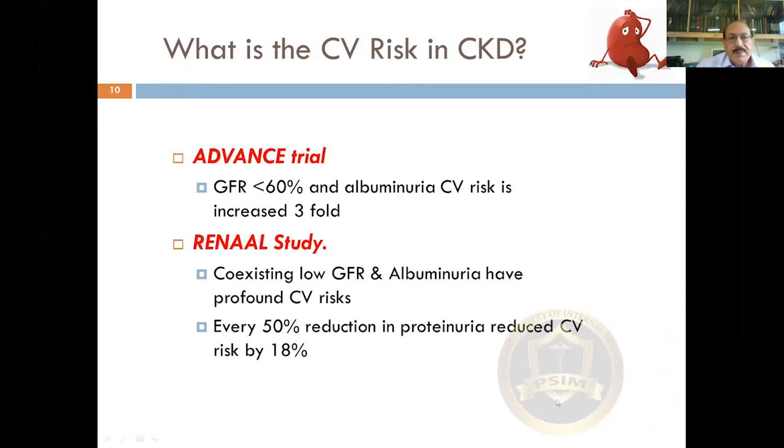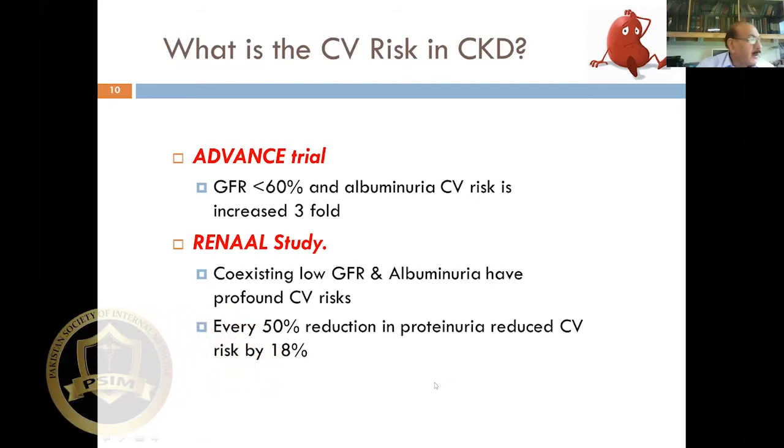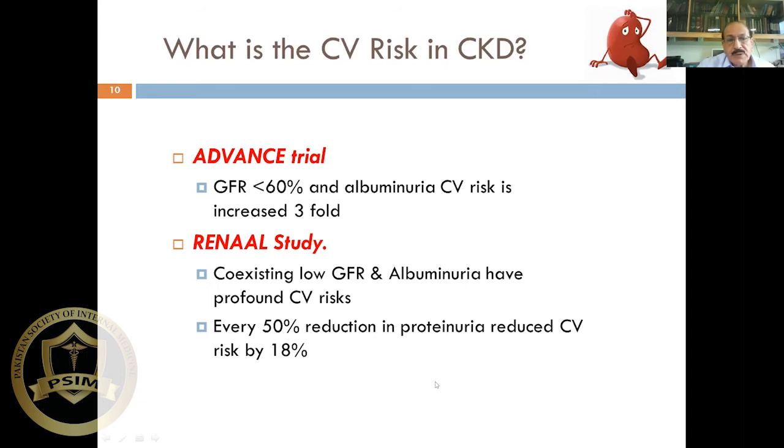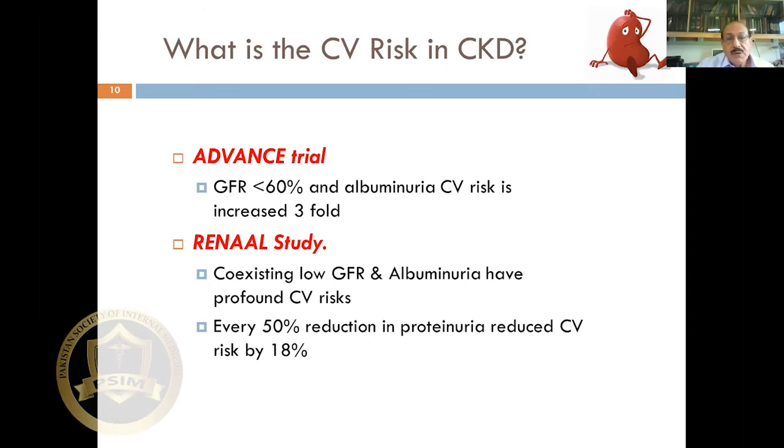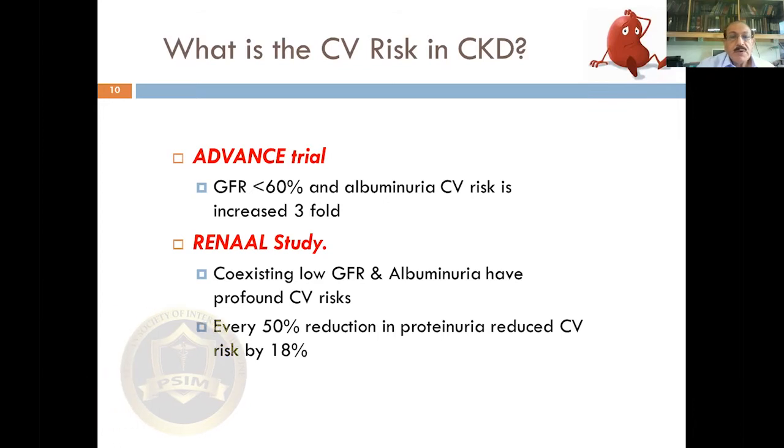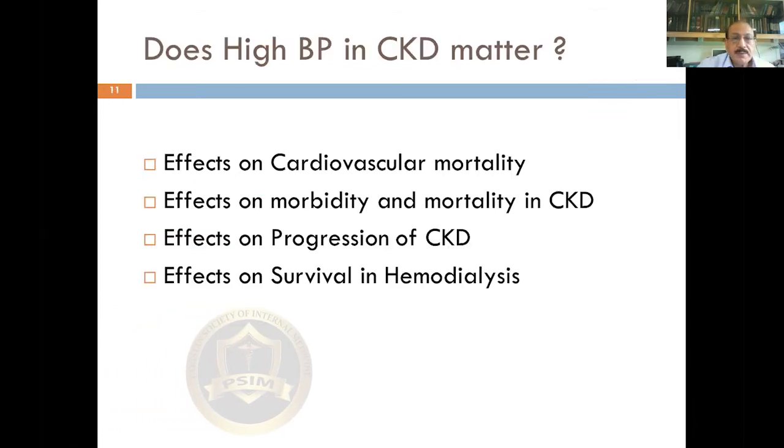And for every 50% reduction in proteinuria, no matter how you achieve it, there is reduced cardiovascular risk by 18%. So these are very significant factors in how the kidney and renal hypertension are contributing towards worsening the cardiac risk, and reducing the cardiac risk if proteinuria and GFR are improved.